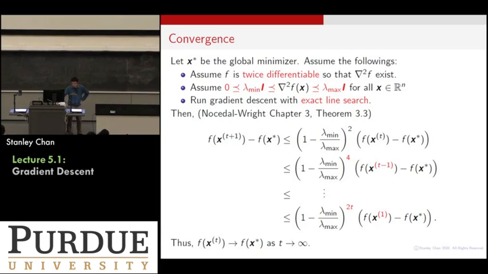What people have shown is that when you have a global minimum, so let's say your objective function really has a global minimum, and also assume that your function f is twice differentiable, and also it has a certain kind of eigenvalue structure of your second order derivative, then you can show that the gradient descent will converge.